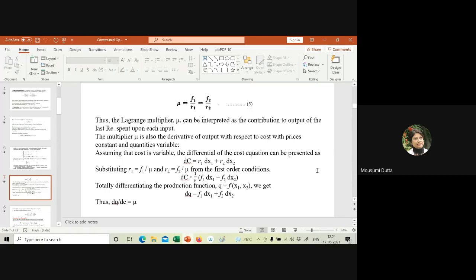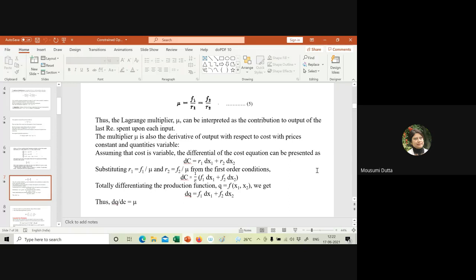So let's check this interpretation. Assuming the cost is variable, if you consider the fixed cost too, if you take the derivatives, dc, the fixed cost will drop out. So we are considering only the variable cost part.